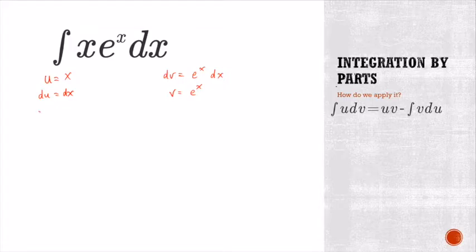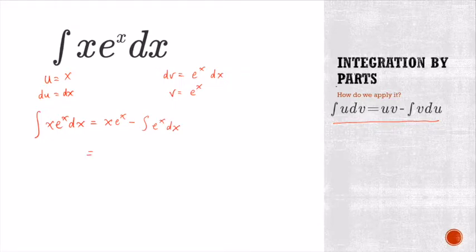Now we can insert what we know into our formula. The integral of u dv is equal to uv minus the integral of v du. So the integral of x e to the power of x dx is equal to x times e to the power of x minus the integral of e to the power of x dx.